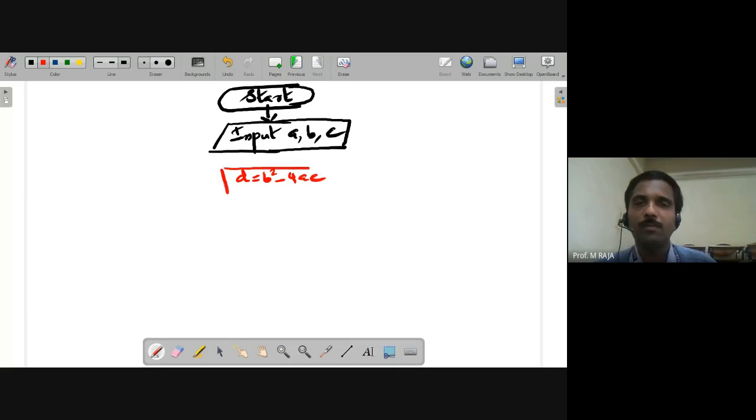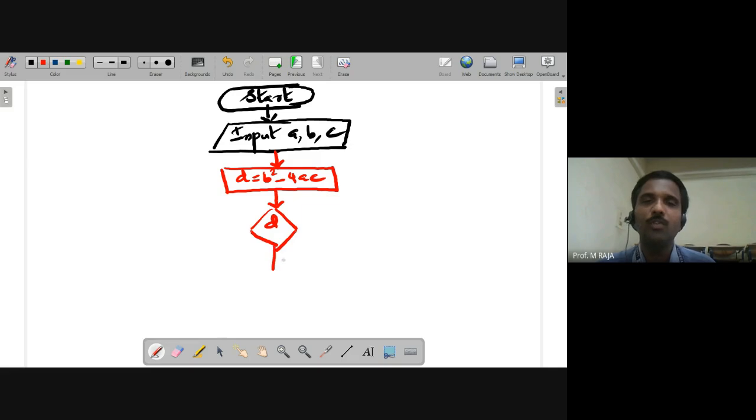Computational statement. Then check the value of d. Check if d is greater than 0, or simply you can put the value d. Three possibilities we can write.